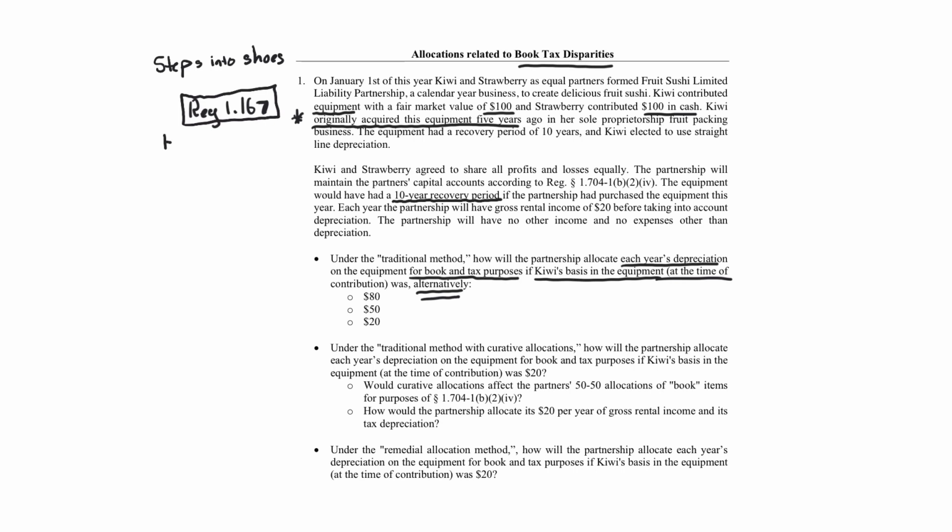Because if you think about a timeline, we got years 1 through 10 of the life of the asset if it was new. So if the partnership bought it, it would have 10 years of straight line depreciation. However, it's getting it at the beginning of year 6, which we're going to call really year 1. So we got 1, 2, 3, 4, and 5. 5 years of depreciation.